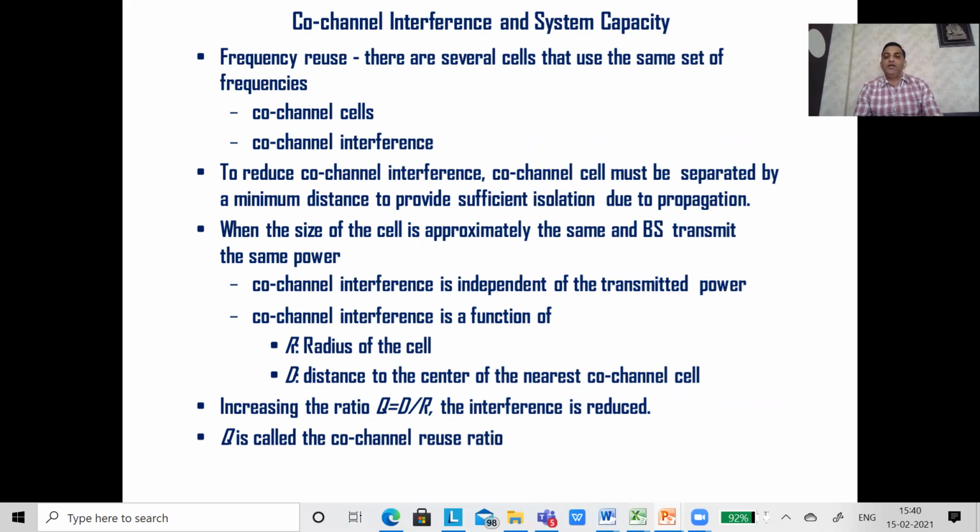To reduce co-channel interference, co-channel cells must be separated by a minimum distance to provide sufficient isolation due to propagation. This is what we have seen in the previous slide in the comparison points.